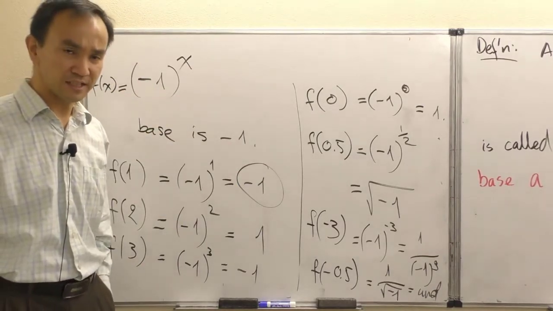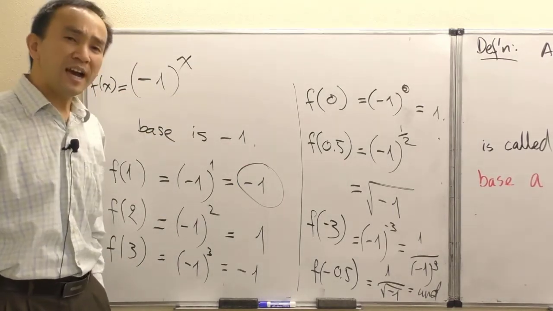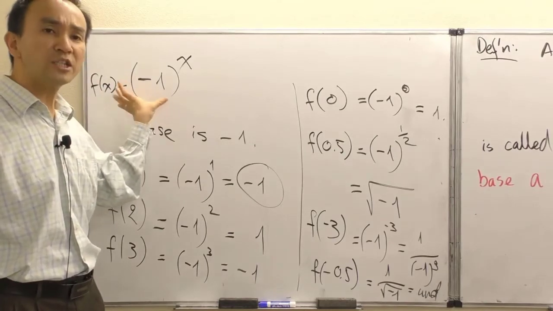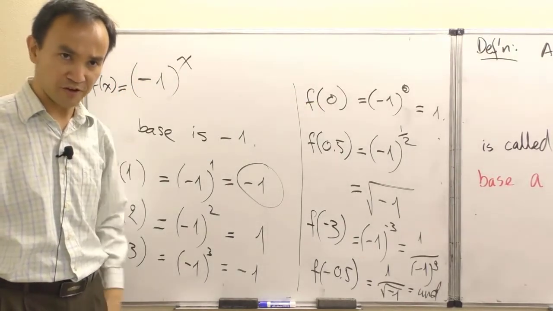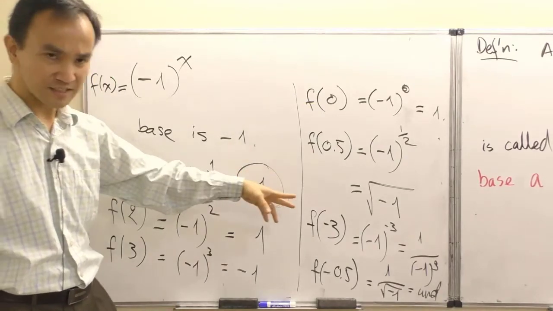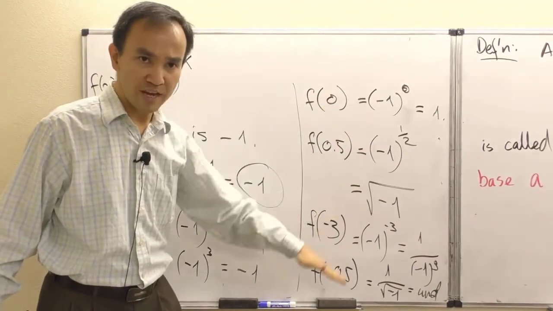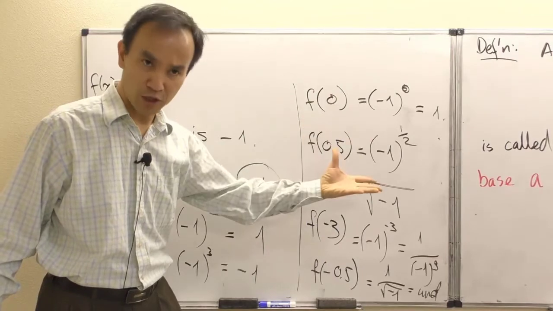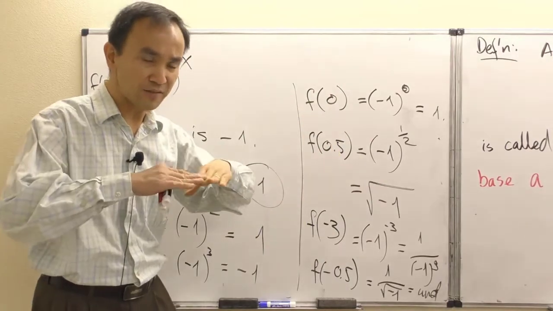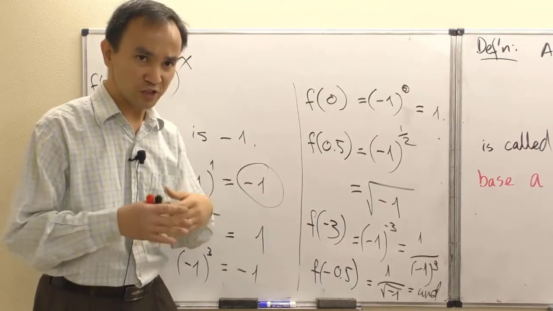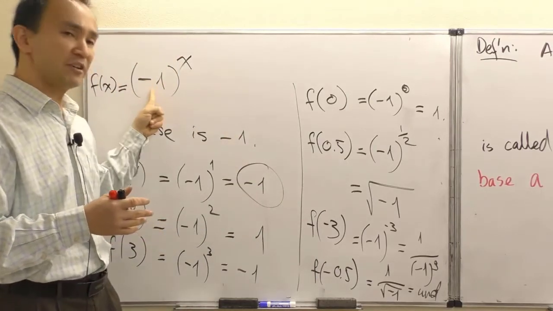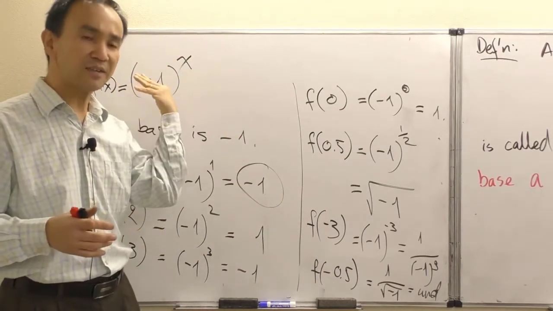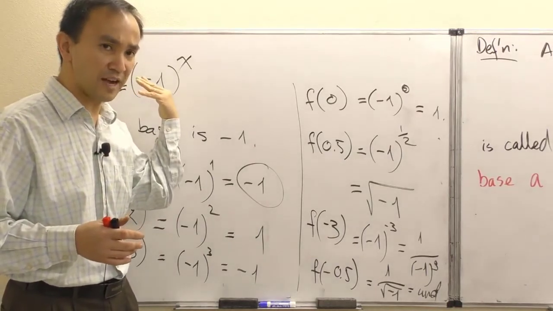For that reason, we don't want to include negative bases in our family of exponential functions. Like I said, I'm not saying that we won't be able to work with this function, but it's a lot more complicated, and it has a lot of exceptions compared to those standard exponential functions. And so anytime it comes to a negative base, we take them out of our consideration.